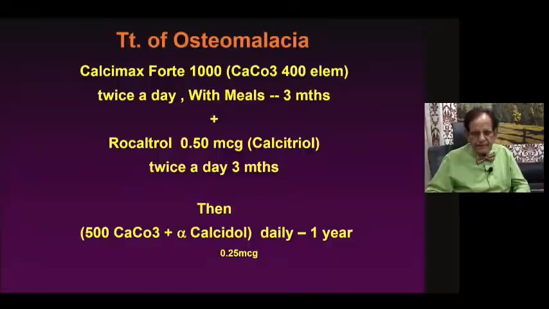You are increasing the chances by taking calcium if you don't take it with the meals. Vitamin D, like 0.5 microgram calcitriol twice a day for 3 months. In 3 months, the patient is cured completely, and then you can give a small maintenance dose for 1 year or even permanently in women, for example.